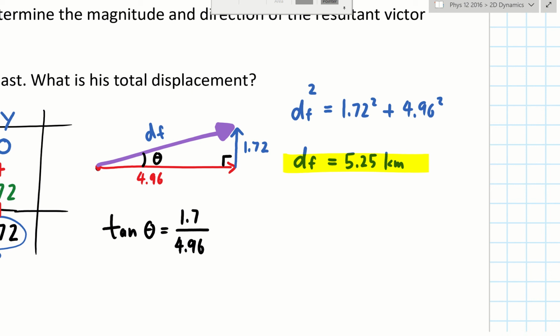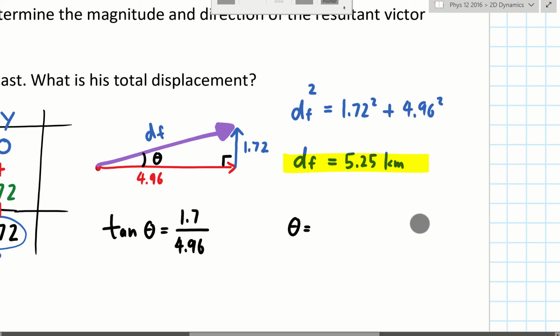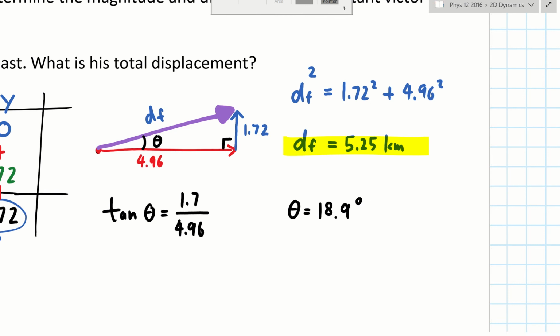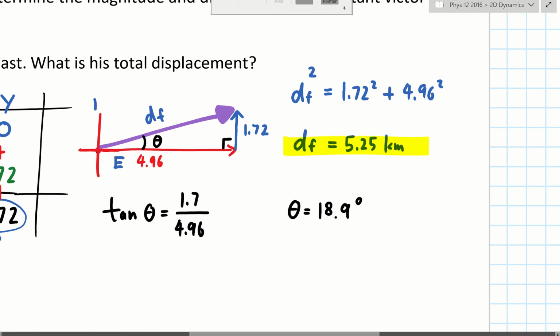So you do 1.7 divided by 4.96, and you take the inverse tangent, not a square root. Now the angle, you're going to get approximately 18.9 degrees, and then you can do your east, southwest at the beginning, which is, this is east, that is north.